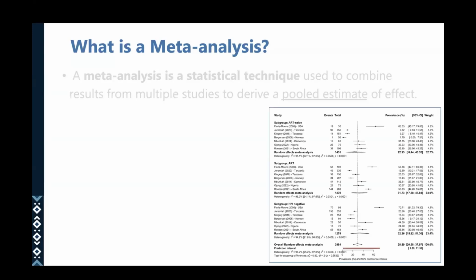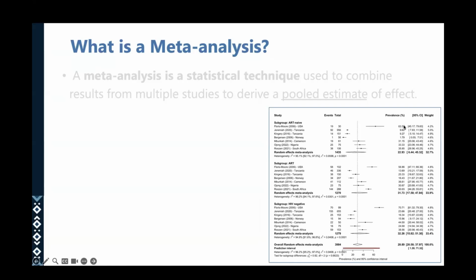So what you see on this screen is a forest plot, which is an example of a meta-analysis combined on several studies. And this is a meta-analysis of prevalence, so you are combining prevalence values. On this side, you can see each of the studies. We have some subgroups and the first author with the country where the study was done.